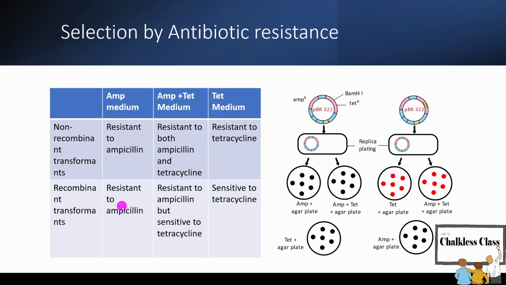When they are transferred to tetracycline, they become sensitive to tetracycline, they cannot survive. But when these recombinant transformants are transferred to ampicillin-tetracycline medium, they also cannot survive. The reason is that they are sensitive to tetracycline, and even though they are resistant to ampicillin, they cannot survive. In this way, this selection is done by antibiotic resistance markers. This is called two-step selection.